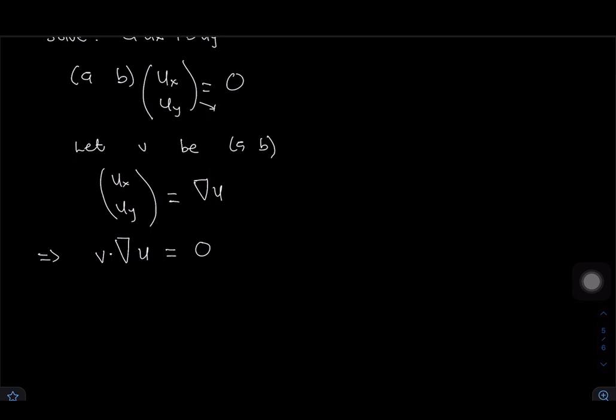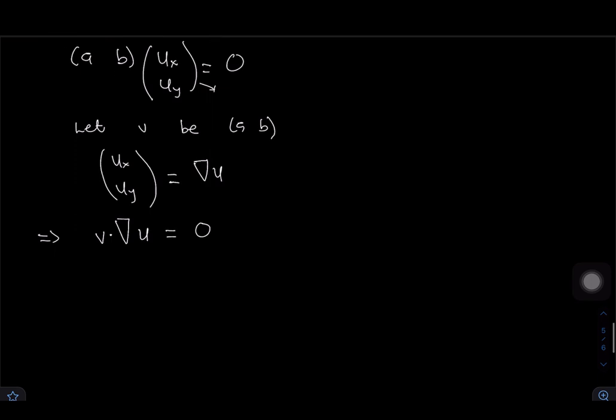If I have something like this, what does this represent? It represents the directional derivative of u in the direction of v.